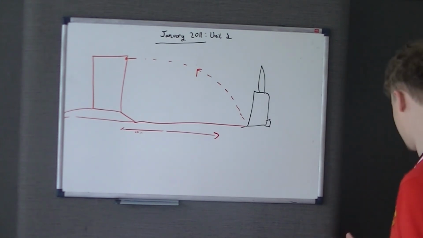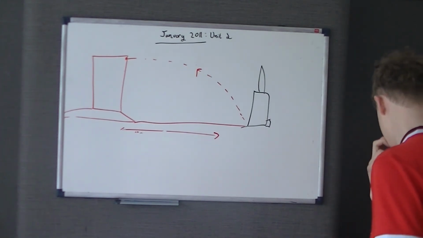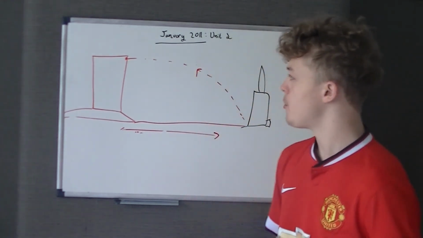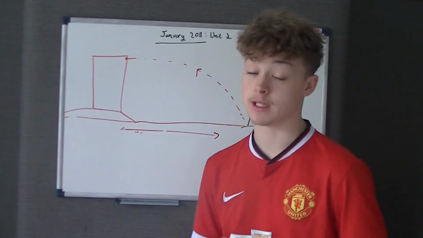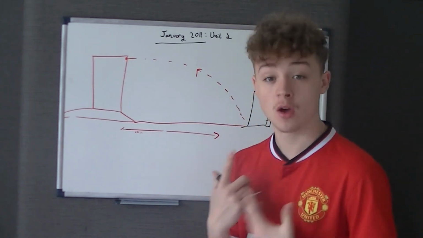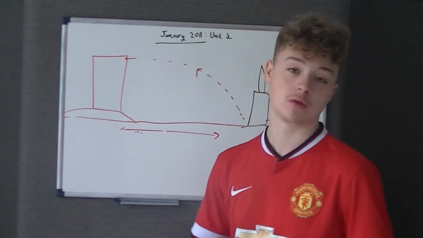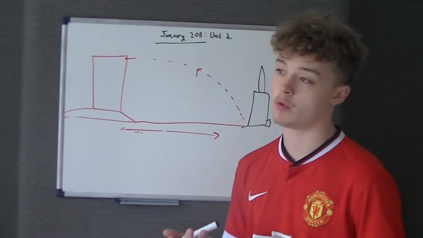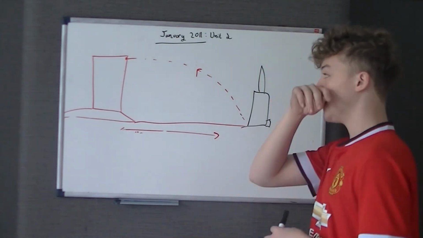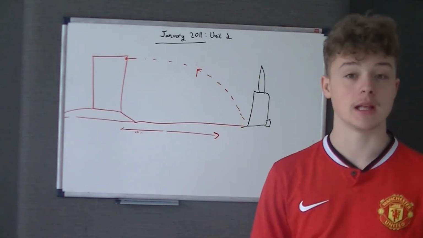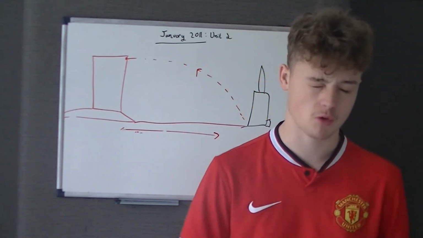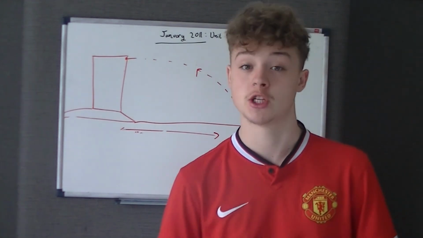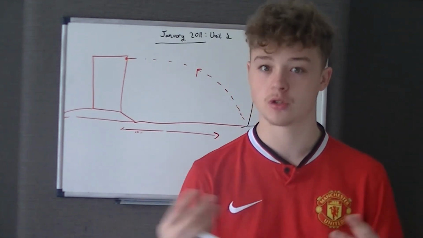Now, it's asking what the energy changes are that take place. At this point here, it's got no kinetic energy, but it's got a high amount of gravitational potential energy. Assuming that no energy is lost due to resistance forces, such as air resistance, otherwise known as drag, as it falls, it loses gravitational potential energy. Because of the conservation of energy, that energy has to be conserved somehow.